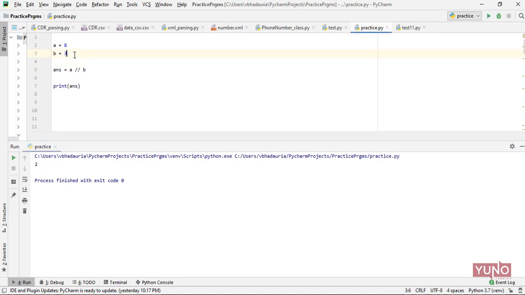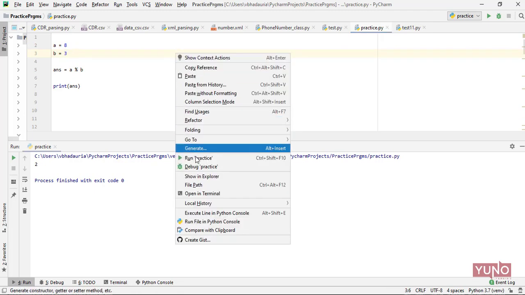If I'm talking about the modulus operator, you can just say the mod operator, but don't say percentage. That is not the percentage. This will be called the modulus operator. It gives you the remainder part of the division. Suppose I divide 8 by 3, that gives 2 with the remainder 2.